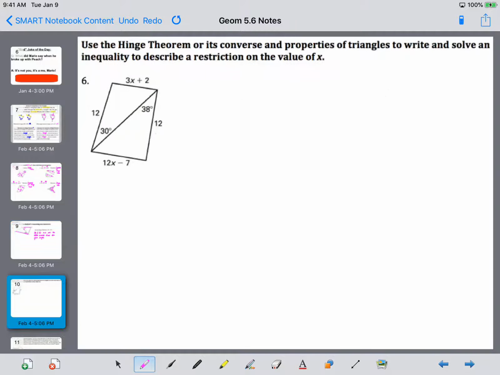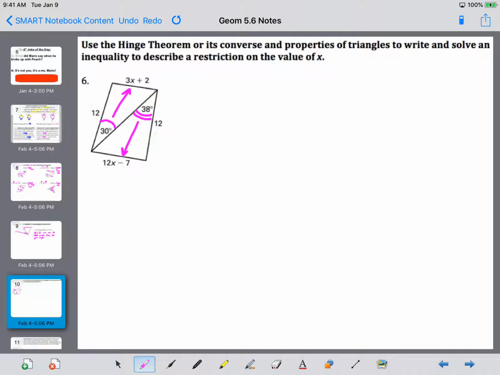Okay, another example here. We're going to use this picture to set up an inequality and then actually solve it. Use the hinge theorem or its converse and the properties of triangles to write and solve an inequality to describe a restriction on the value of x. What I notice is that this 30 degrees is across from this 3x plus 2, and this 38 degrees is across from 12x minus 7.